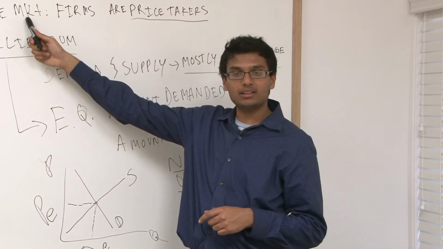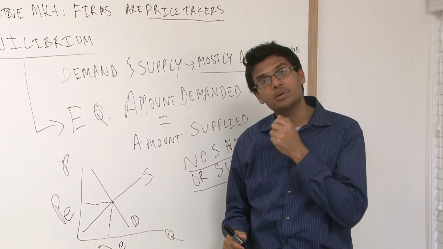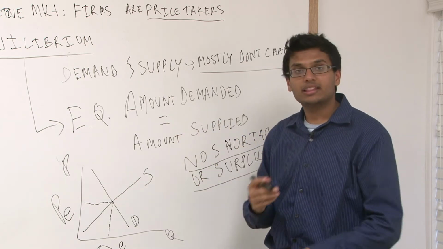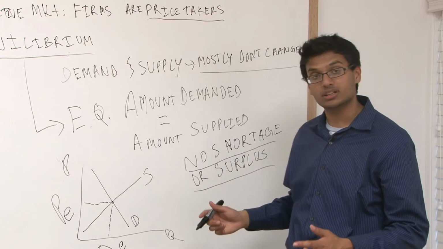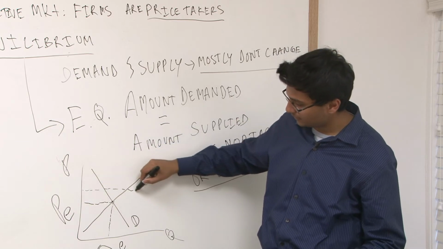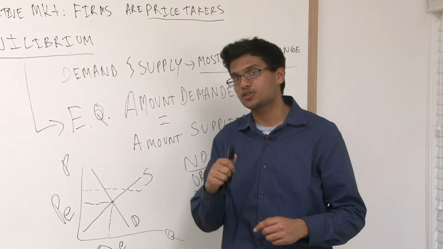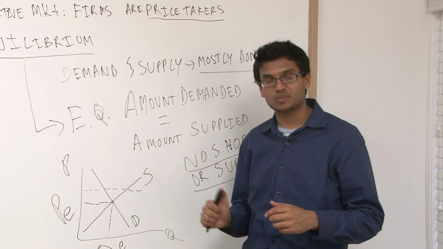Why does that happen? Why in the competitive market is there no shortage or surplus in the long run? Because what's going to happen is that this equilibrium, where amount demanded and amount supplied meet, is going to take out the surplus or the shortage. For example, if the price was here, right, what do you think is going to happen? Is it a shortage or a surplus?